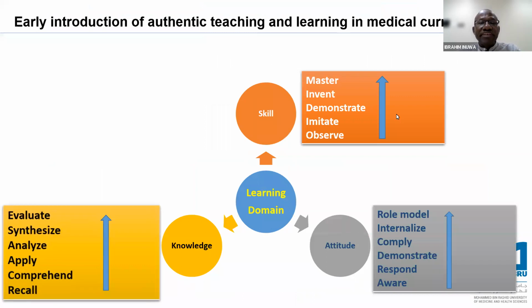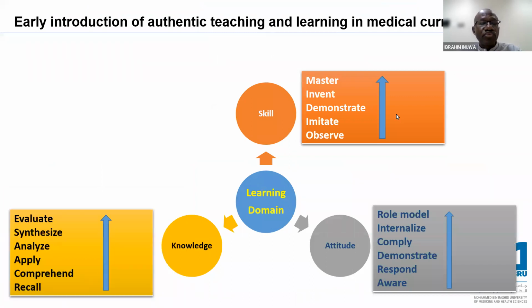Okay, so that's my first reflection that I would like to share, which is about authenticity of assessment items in basic sciences. Remember, we're talking about teaching and learning, so that's why I said I'm going towards the end, talking about authentic assessment before coming back to authentic teaching and learning.